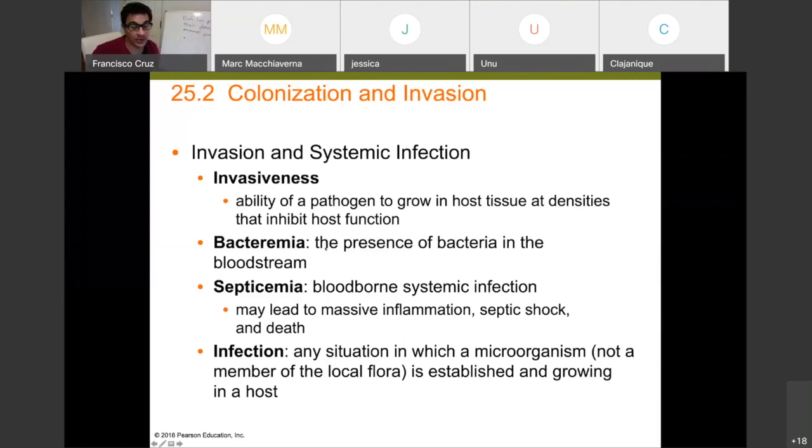Bacteremia is the presence of bacteria in the bloodstream. So anytime you have a portal of entry that's through puncture, you're going to have this, but it also can happen in your upper respiratory tract. Any of your portals of entry can be this way. And this applies to viruses too.